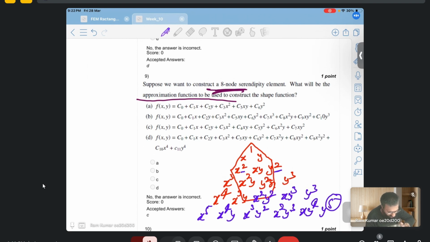Yes, sir. Looking at the options also you can say this will be the correct answer. Otherwise, symmetry is nowhere else. Out of these 4 options, I got symmetry only in this one. Correct.